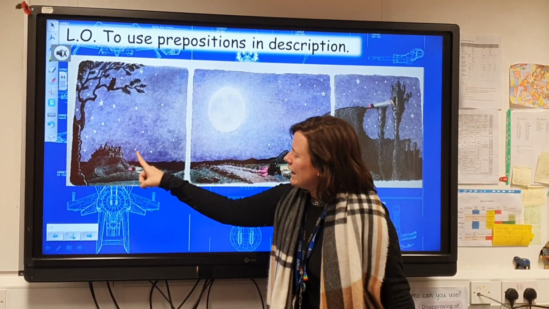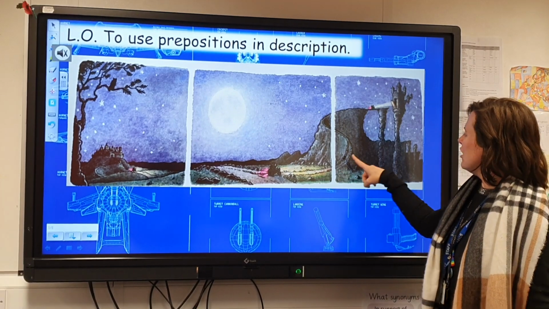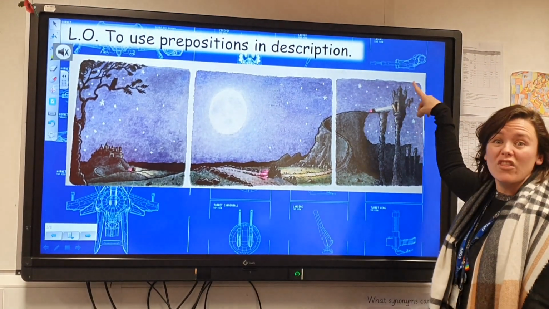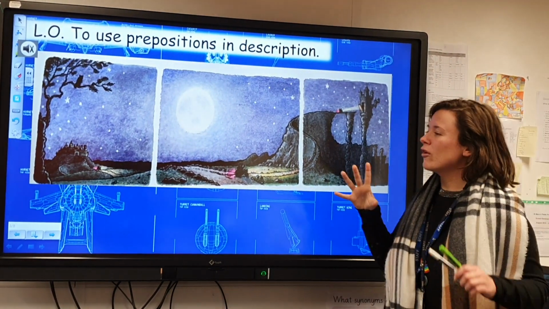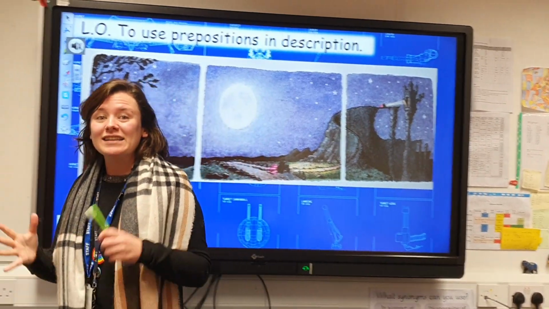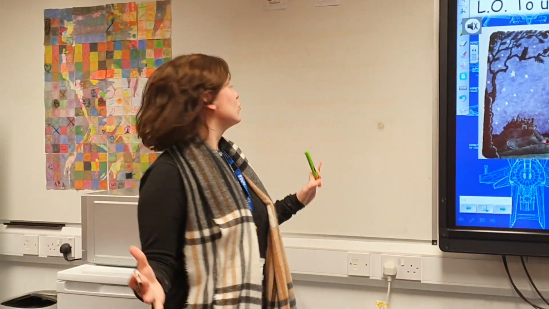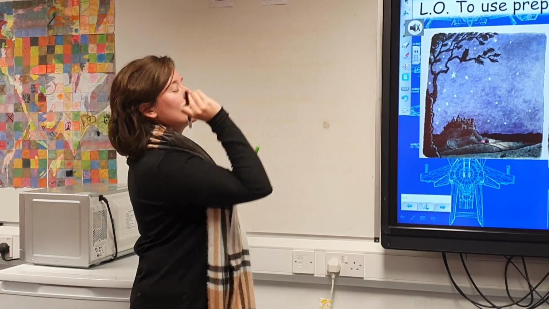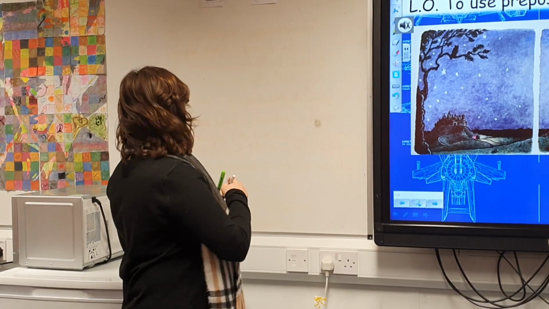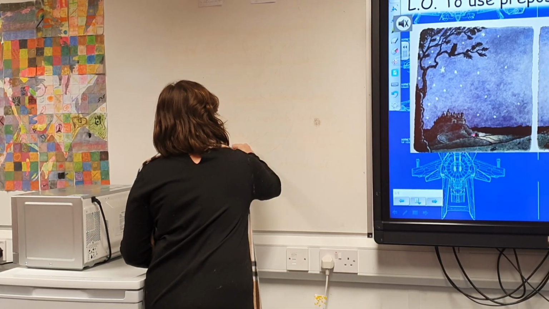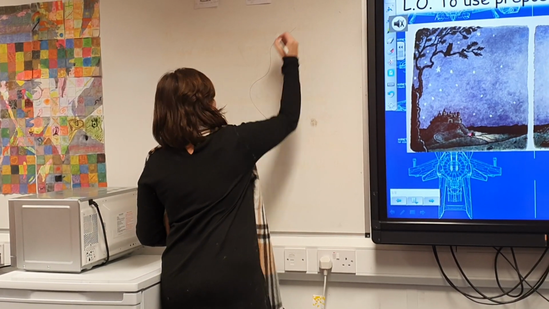And here I can see the mansion, but he's travelling all the way up to this turret here. So I know a really good way of planning setting descriptions is to draw the journey. And then I can put on there exactly what I can see. I'm going to do my senses first and what the professor can see on his journey.